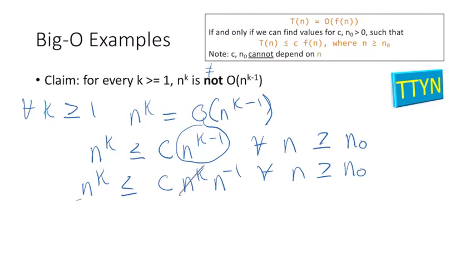Dividing n to the k on both sides, and dividing both sides by n to the minus 1, is like saying we'll have n over here and C over here for all values of n greater than n naught. Well, we cannot find a value of C that satisfies this inequality. There's no constant that's greater than an arbitrarily large value of n. So this is not true, which means the original claim is true.